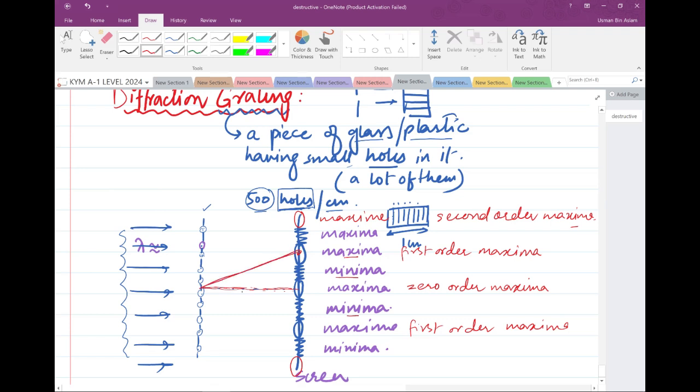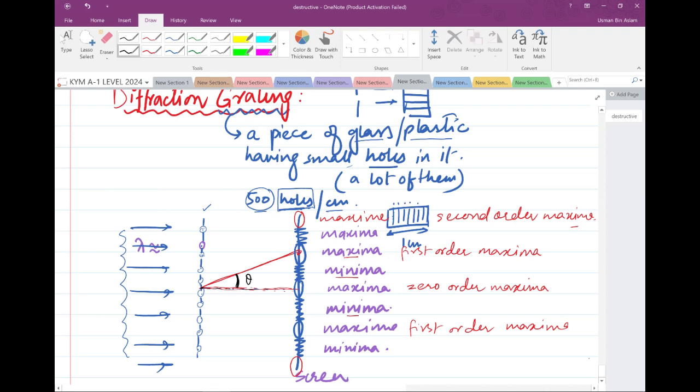Both these red lines are imaginary lines. There is no line at the center. We are just drawing it on a diagram to indicate an angular value. The central line is being used as a reference, and I am joining the central line with the center of the first order maxima by using a straight line, the angle that's formed between them is called theta.